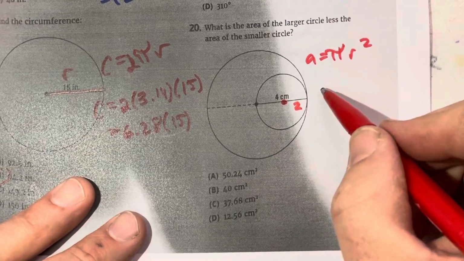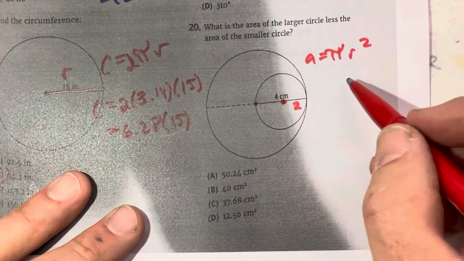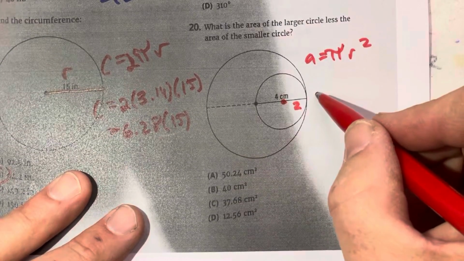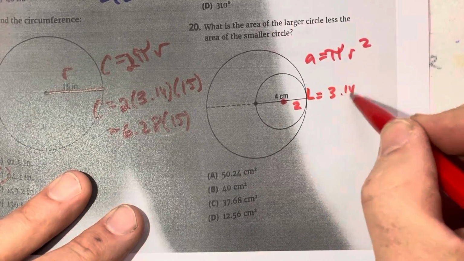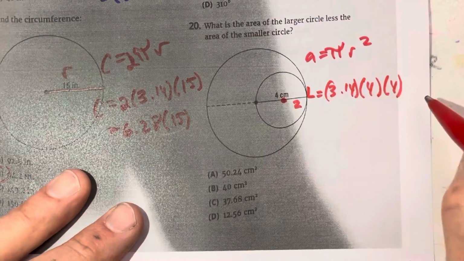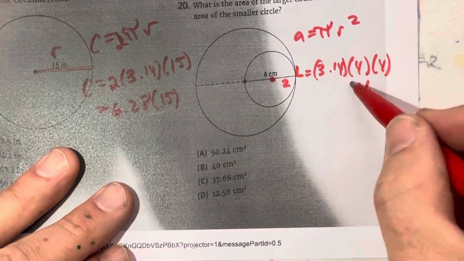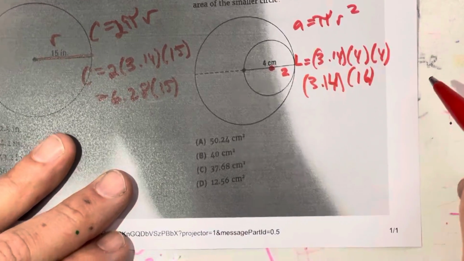So I'm going to do the large circle first, and then I think I have to subtract them. So the large circle, I'm going to put L for large, 3.14 times 4 times 4. I know that 4 times 4 is 16, and I'd go 3.14 times 16.